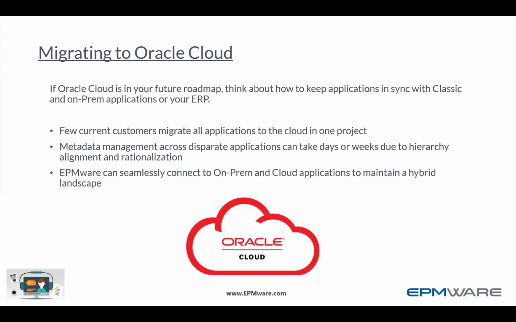So we do have a customer right now who used EPMware to migrate to the latest version of Essbase. And so that is possible. You can easily import your metadata into EPMware, and then you can use EPMware's target adapter to push that metadata out to your new Essbase application.